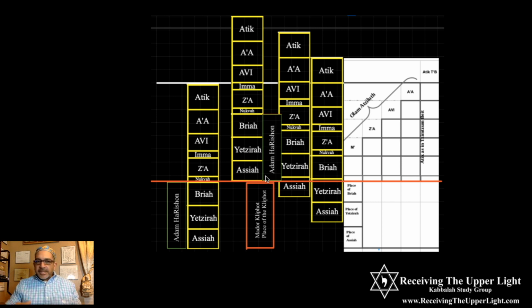Our work is basically to start elevating these worlds once again, and this is what the Zohar is trying to talk to us about. So when it says the land of life, this is when Nukva is raised to Bina in similarity of form.